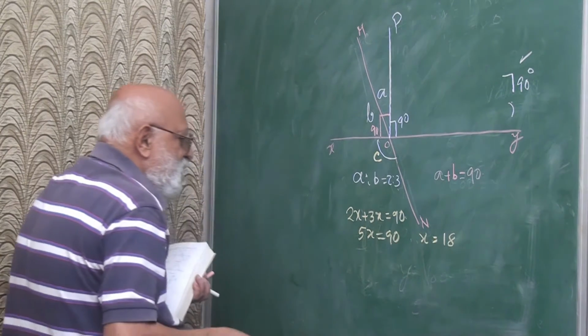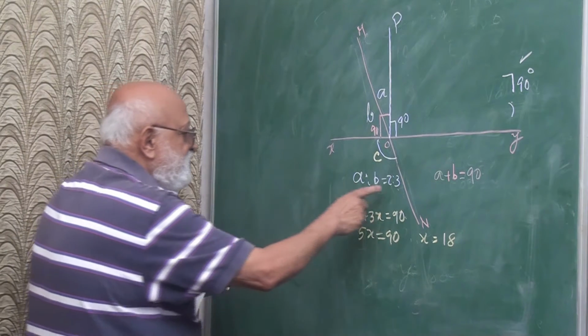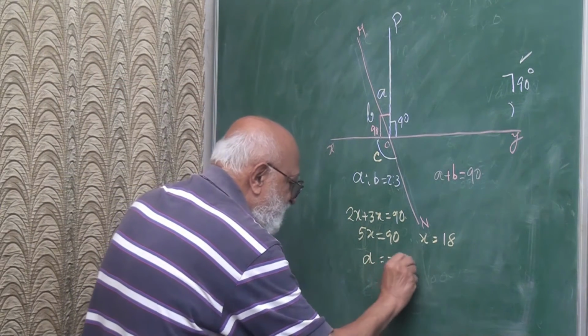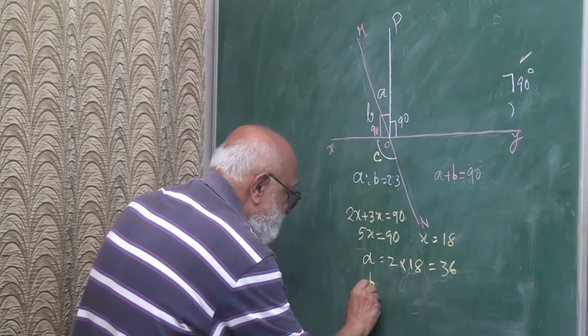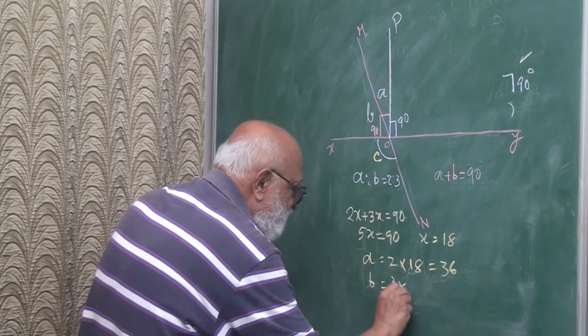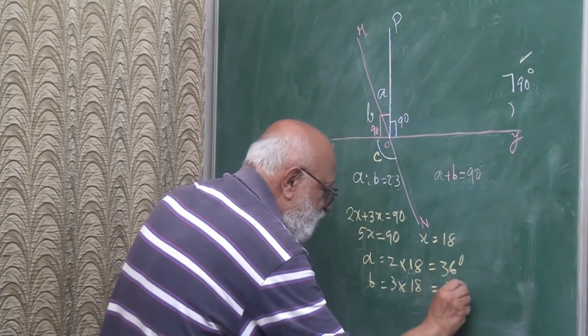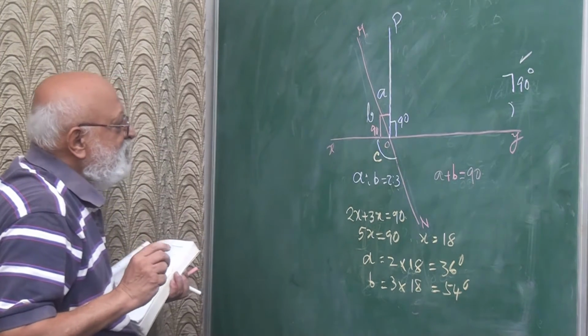So what will the angles be? Angle A, the first angle, will be 2 into 18, that is 36. Angle B will be 3 into 18, that will be 54. Agreed? Now I'll put a degree here.